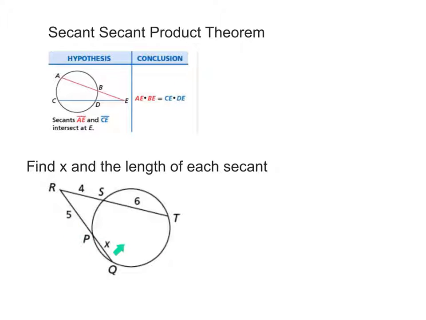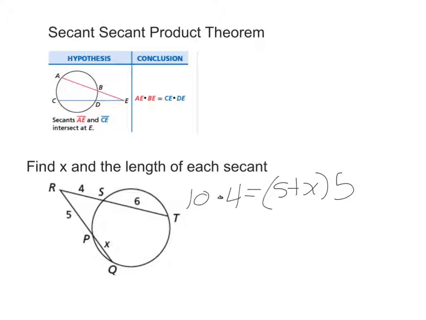So let's apply that to our example down below. It says find X and the length of each secant. So I take the total of RT, which would be 10 because 6 plus 4 gets us our total length of RT, 10. So I have 10 times the exterior, the exterior is 4, equals the total of this, which would be 5 plus X. That's a binomial, so I'm putting that in parentheses, 5 plus X times the exterior piece, which is 5.